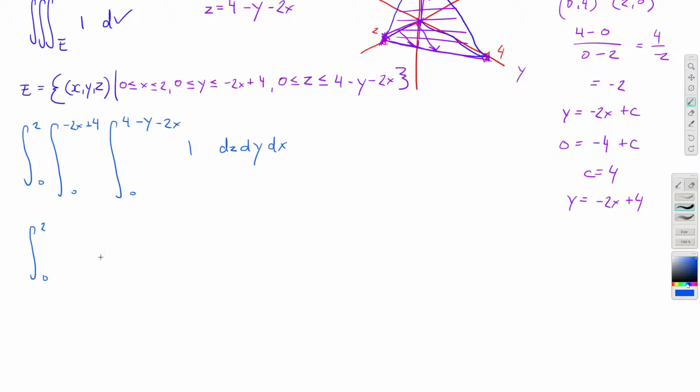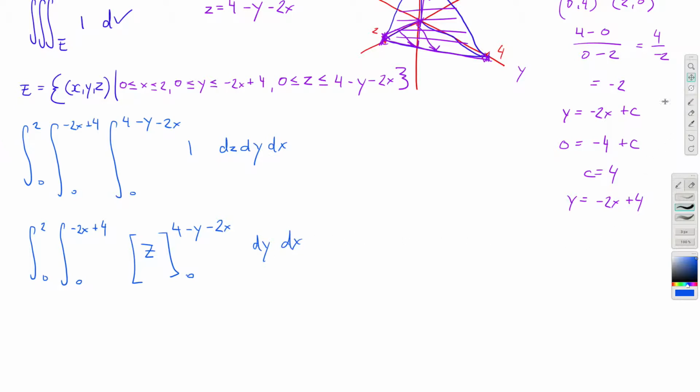So now I'm integrating this with respect to z, from 0 to 4 minus y minus 2x, dy dx.